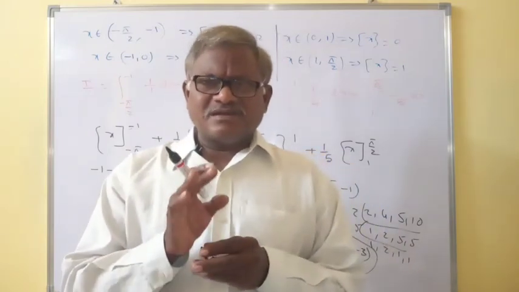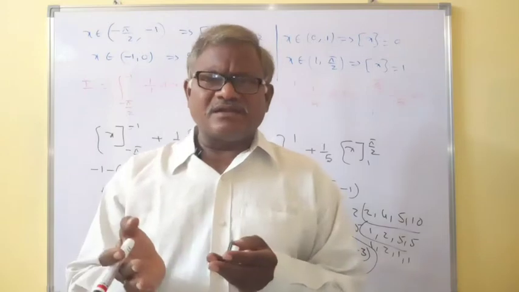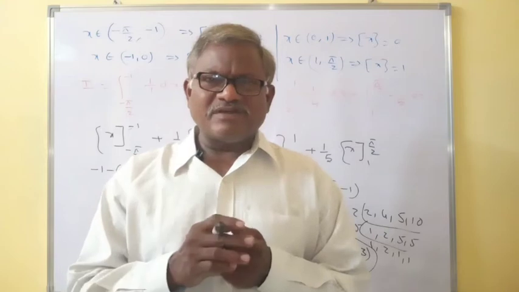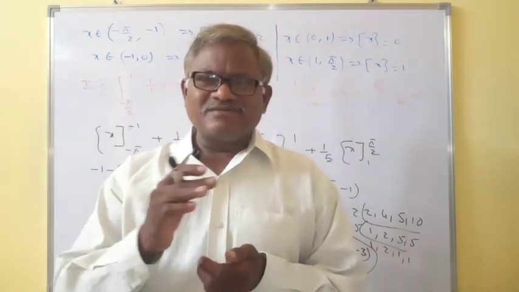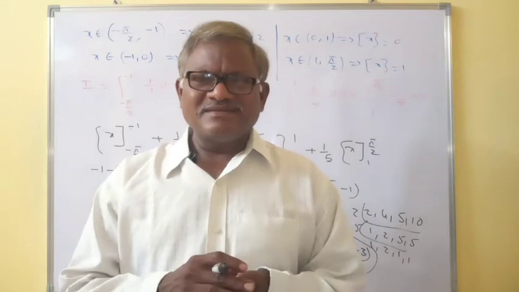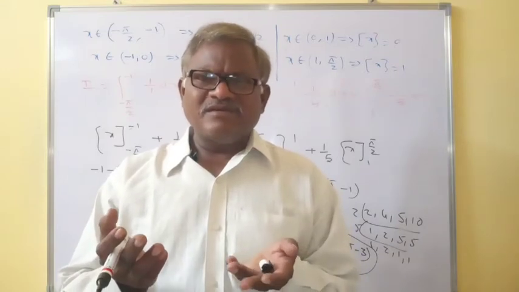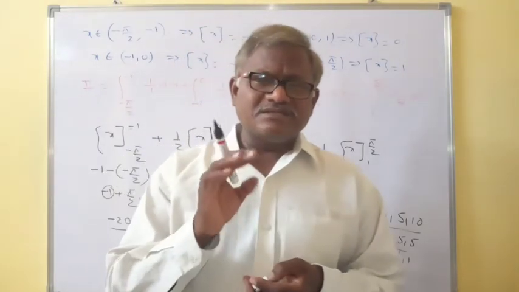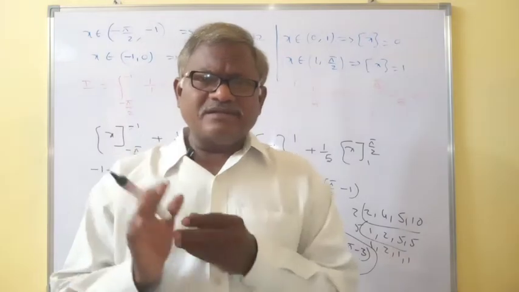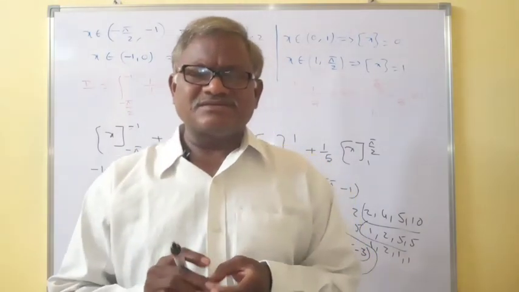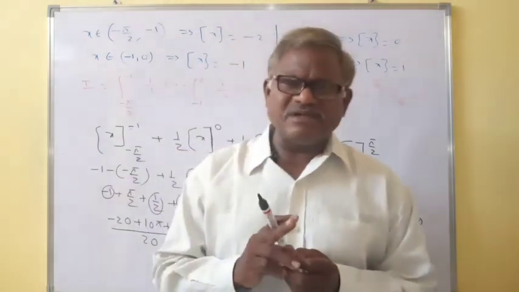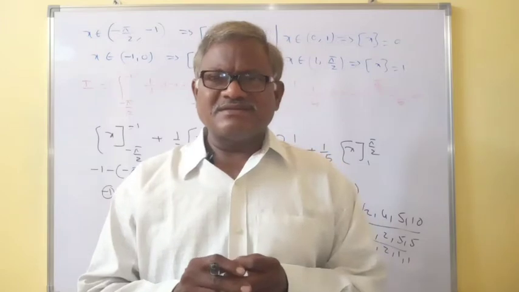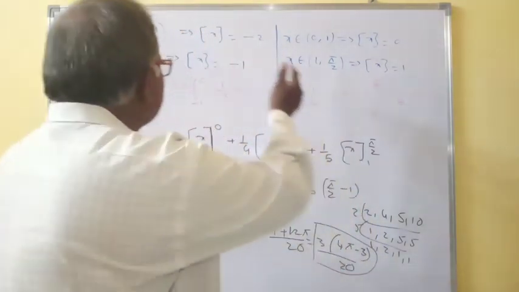In 0 to 1, what is the floor of x? 0. In 1 to 2, its value is 1. In 2 to 3, its value is 2. So whenever the greatest integer function is given, remember that we have to split into different intervals. This is the way to do it.